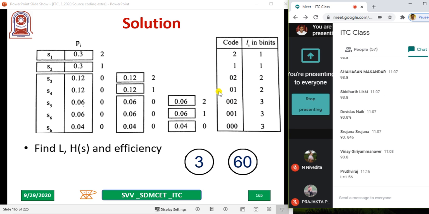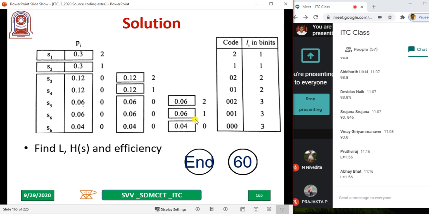Okay, somebody typed, Prithviraj has typed 1.56. I'll show you the answer after a few seconds. Okay, we'll see whether it's right or wrong. Everybody is typing 1.56. Okay, very good. All are getting 1.56.